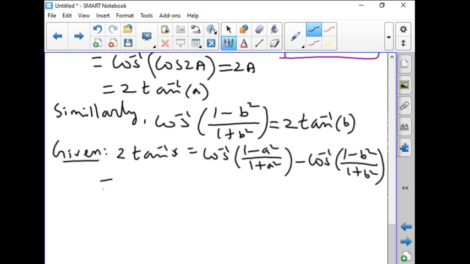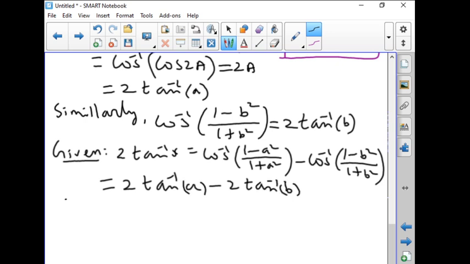Therefore, this we have got as 2 tan inverse of A and this is 2 tan inverse of B.